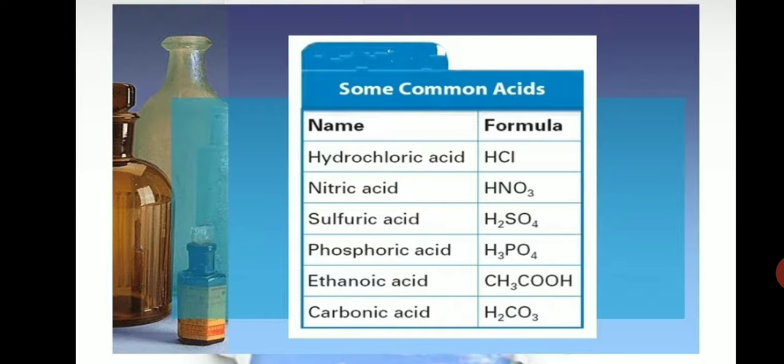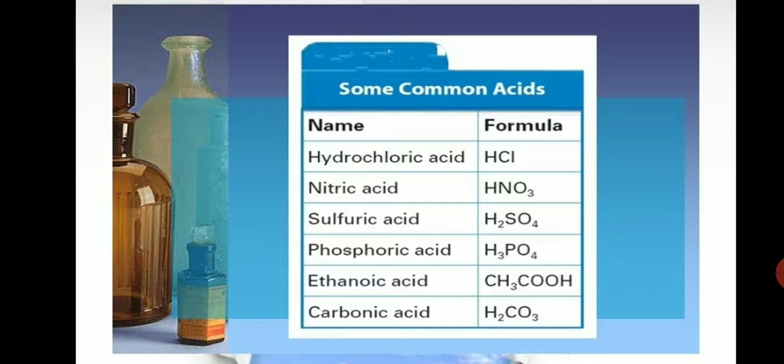All these are common acids. Other acids are also there. Citric acid is there. Ascorbic acid is there. Formic acid is there. All are acids. So what do you observe common in all the acids?